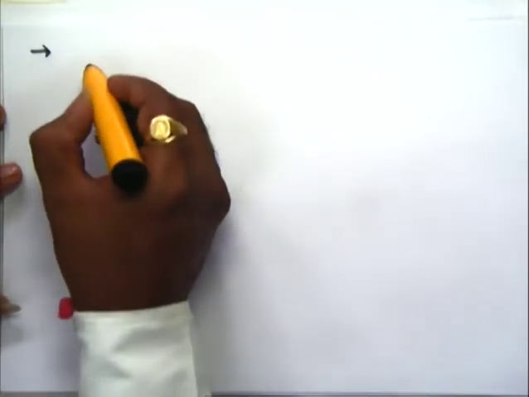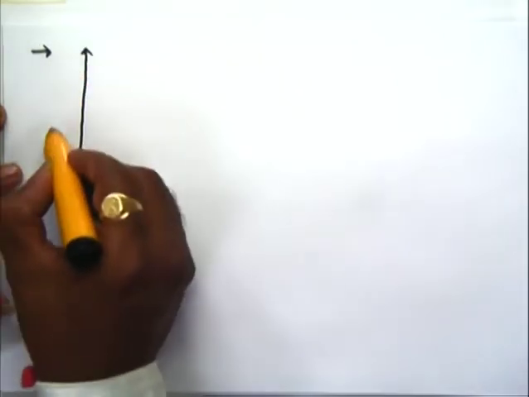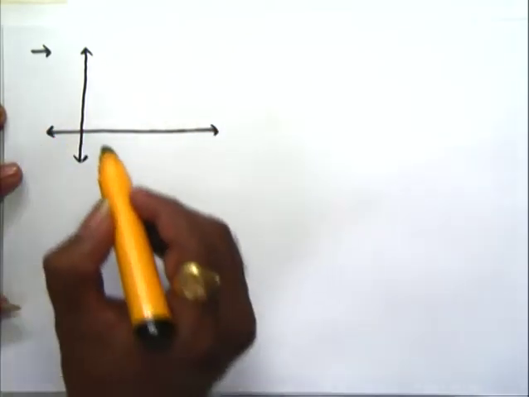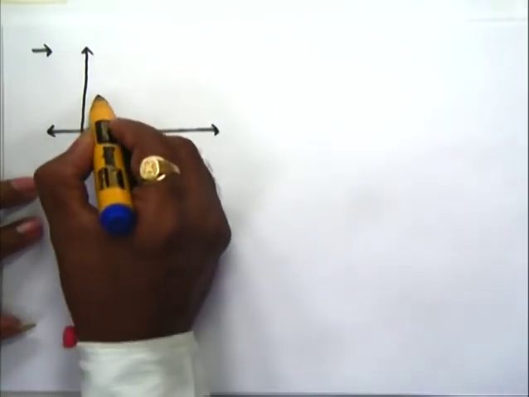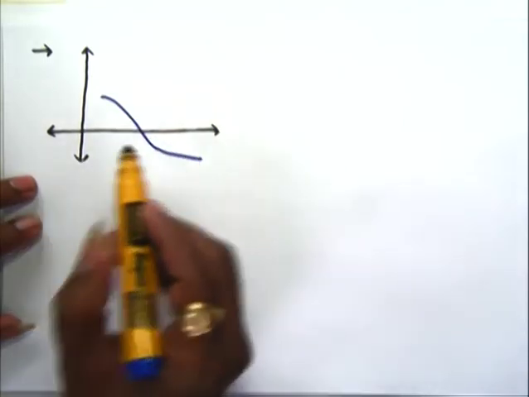Now the second case is like this. Let's understand this thing by a figure. Suppose y equal to f(x) function intersect x-axis somewhere.